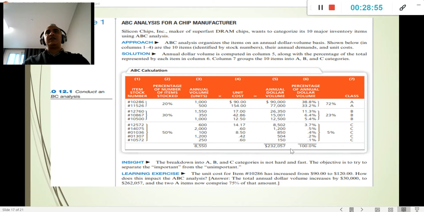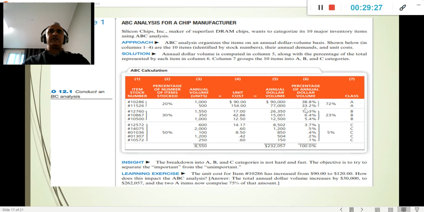Why? Because in the end, I can acquire them, and having this in inventory maybe doesn't represent that much of a financial burden for me. But here, if I'm looking at these two items, stock numbers 10,286 and 11,526, these two have $90,000 and $70,000.